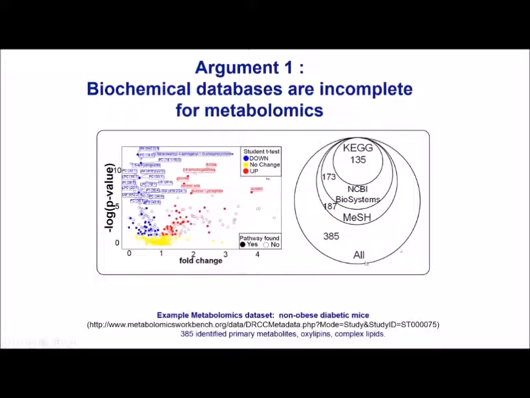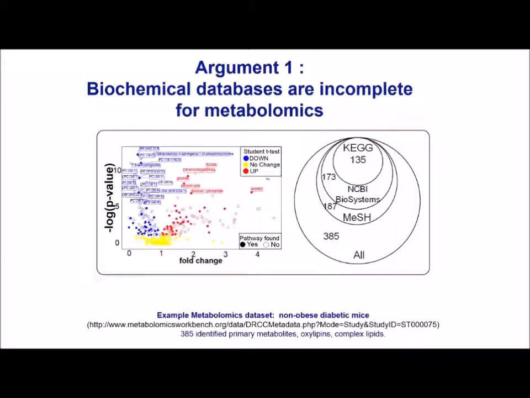On the right side we show how these known compounds are represented in different databases. So KEGG, which is a very well-known pathway database, has the poorest representation, with only 30% of these compounds present in KEGG. Then if you go to NCBI Biosystems, the coverage increases slightly to 173 compounds, and if you go to MeSH ontology, it increases to 187.